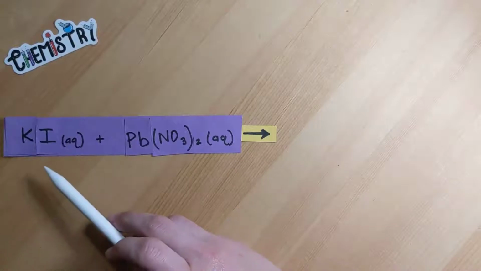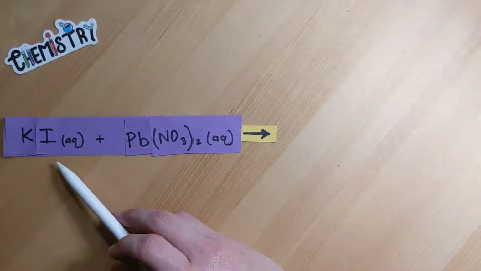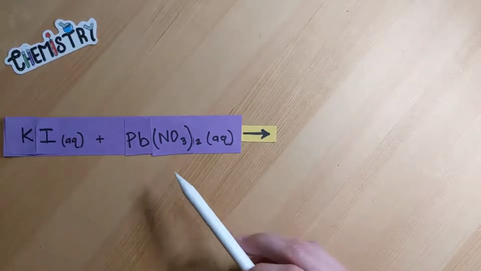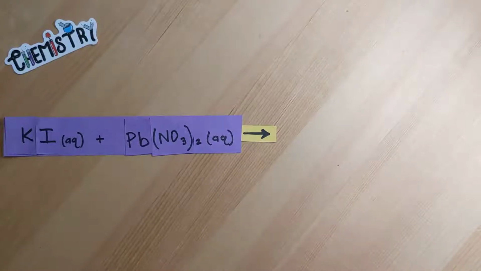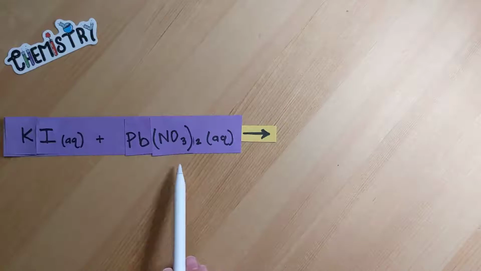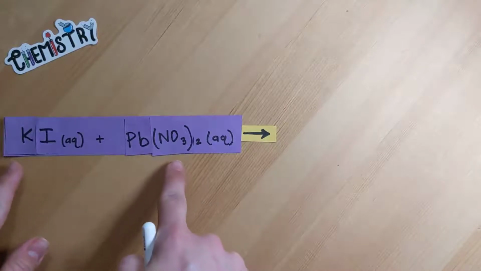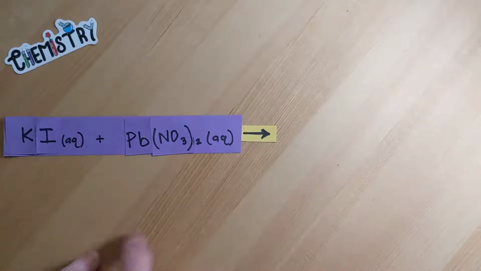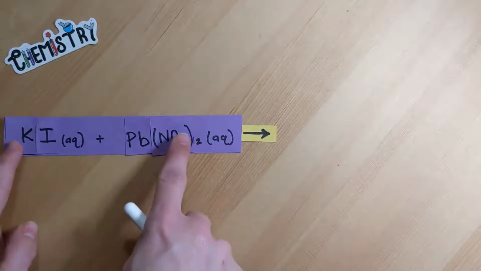In this example, we have potassium iodide, which is a compound, reacting with lead 2 nitrate, which is another compound. So let's see what our products would be. In a double replacement reaction, predicting the products is quite easy. We're going to take the cation from the first compound and combine it with the anion of the second. So we're going to take these two and combine them together on the other side.